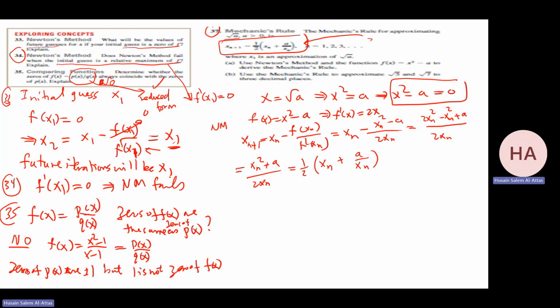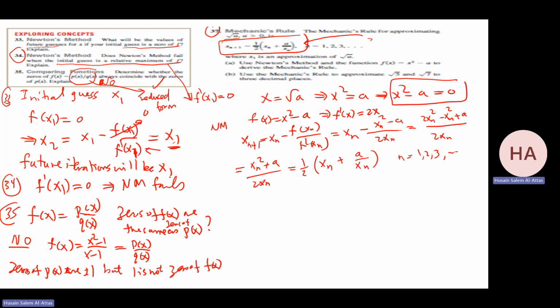So that is the formula. Now, what he wants, where n is 1, 2, 3, and so on. Using this method and the function, we derived it.